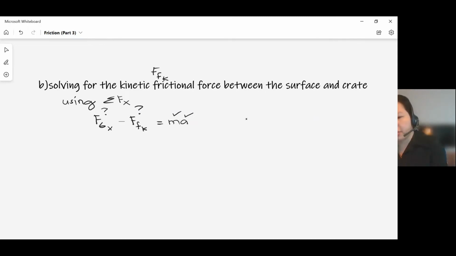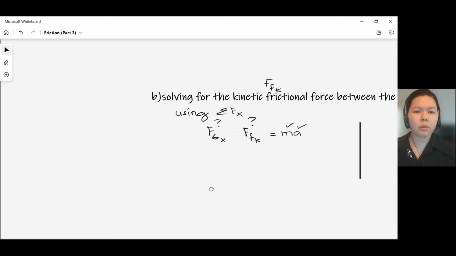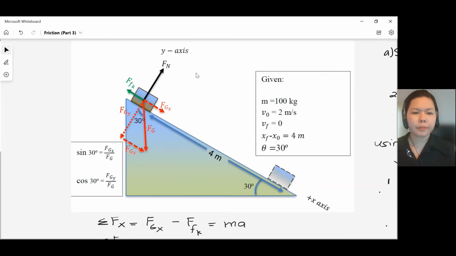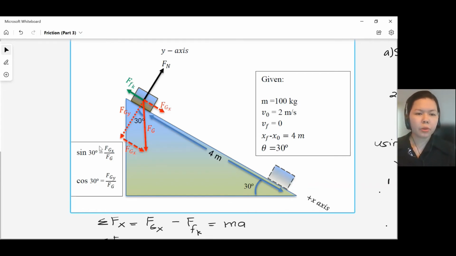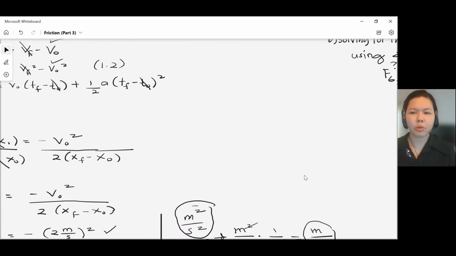Recalling our trigonometric identity, going back to our figure. Here we have sine 30 equals Fgx over Fg, from the right triangle. So we will use this one.